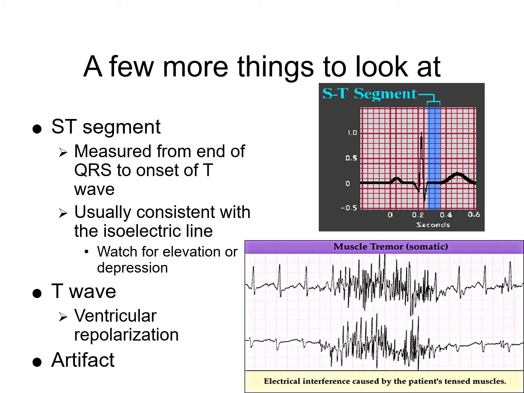Usually it's consistent with an isoelectric line, meaning it should just be straight, flat. You want to watch for elevation or depression, because that could be an indication of an MI. And we'll talk more about that in just a minute.